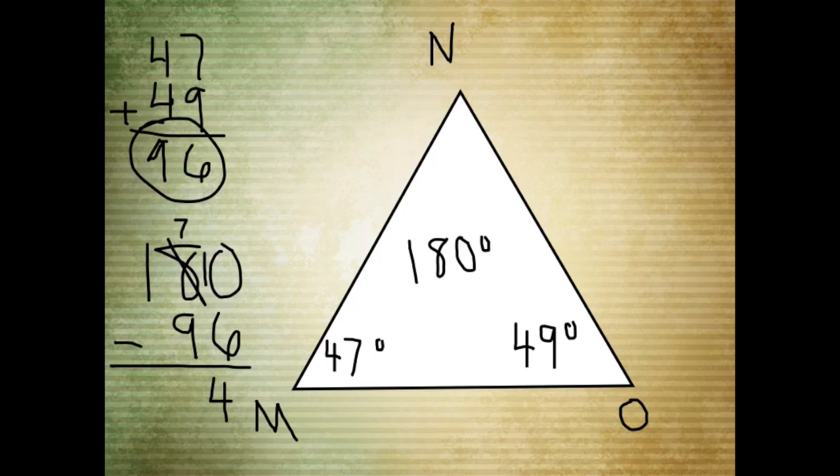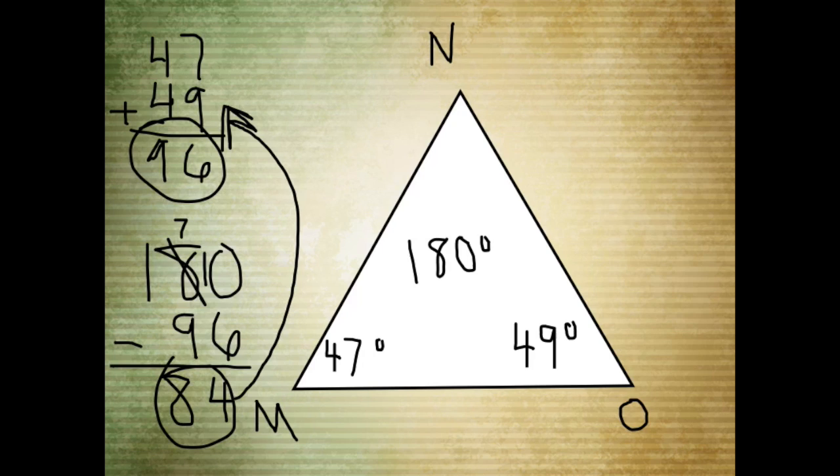And then we have a 17 minus 9, and we know that that's going to be an 8. We have 84, okay? Now all we have to do is take this 84 and add it up to this, and we will get 180.